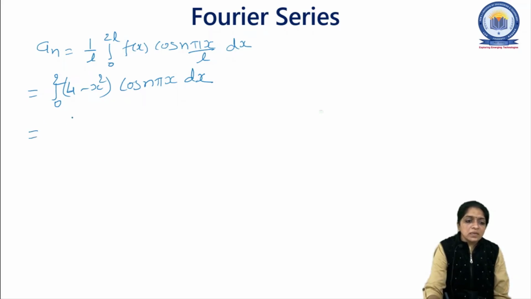So by applying the Leibniz rule, here 4 minus x square is u and cos(n pi x) is v.